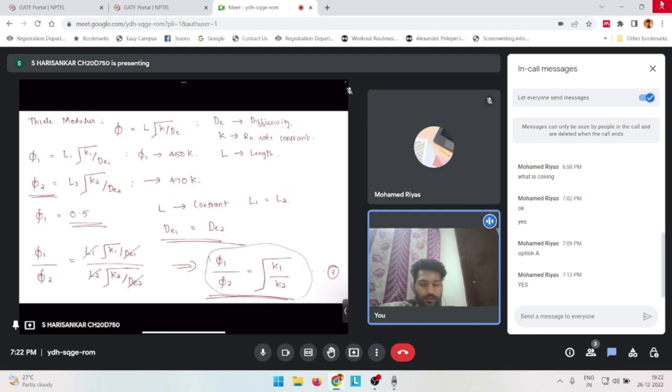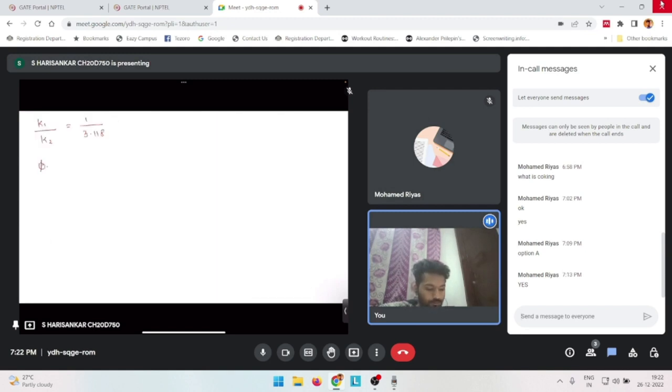So K1 by K2 will be 1 by 3.118, and also we have phi 1 by phi 2 is equal to root of K1 by K2.